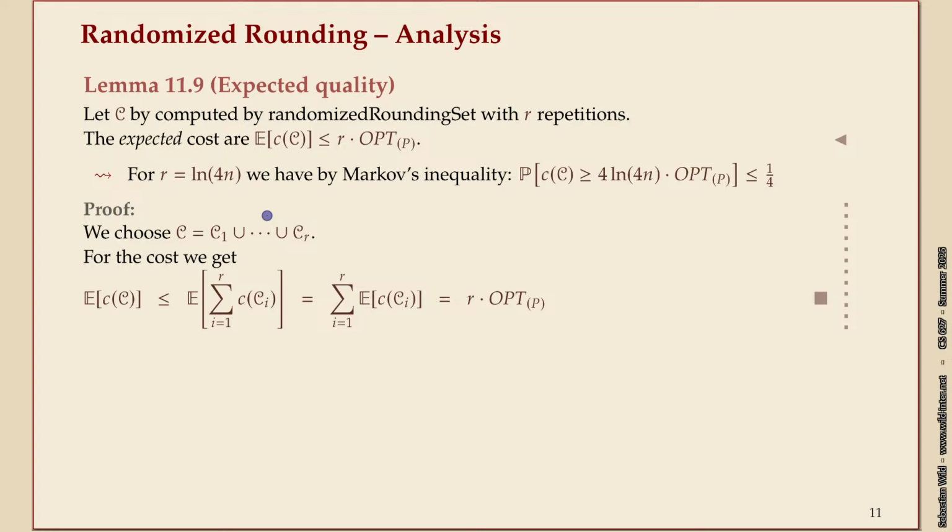It'll probably be a bit less because we repeatedly draw some sets, but it's hard to analyze, so we'll just upper bound it generously. Then we use linearity of expectation and move that in. And because these are identical repetitions, each time the expectation is as we've calculated before, the optimal LP solution. So you get this R times as in the claim.